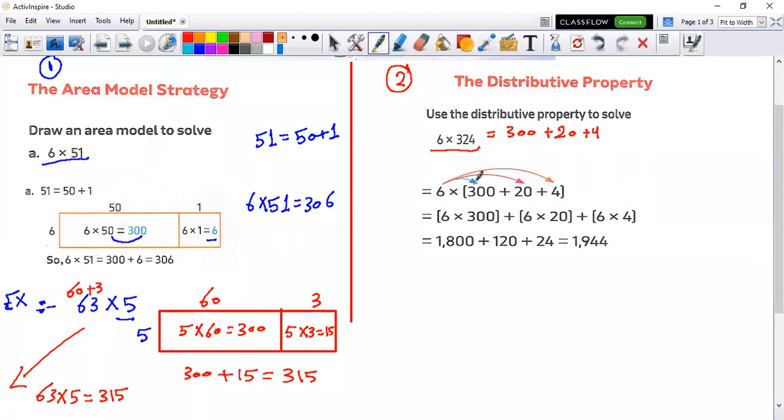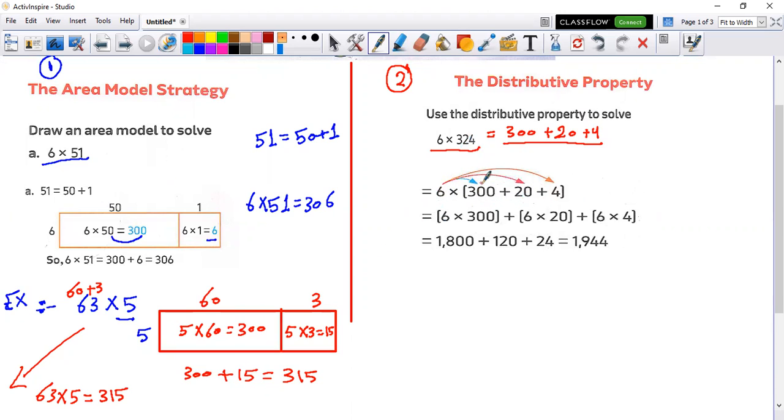And 6 times, put two brackets and put in these brackets the expanded form of the greatest number. 6 times 300 plus 20 plus 4.